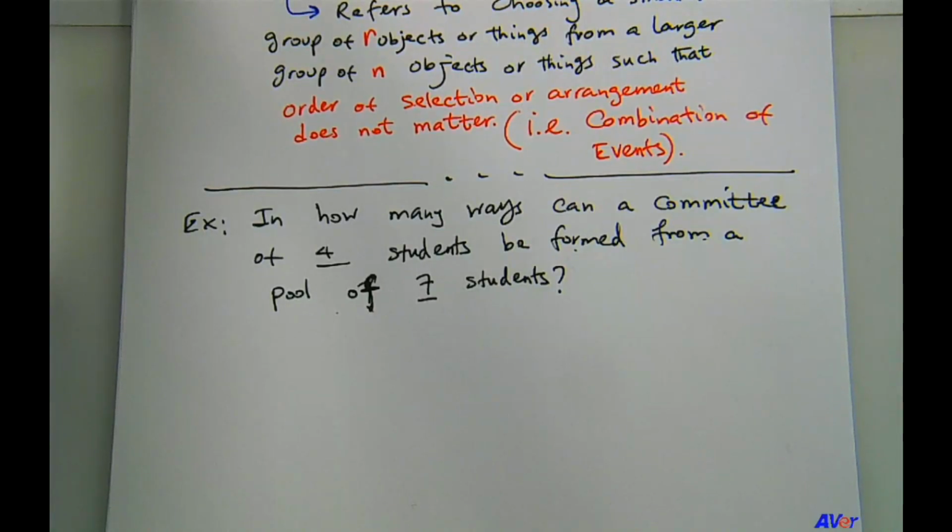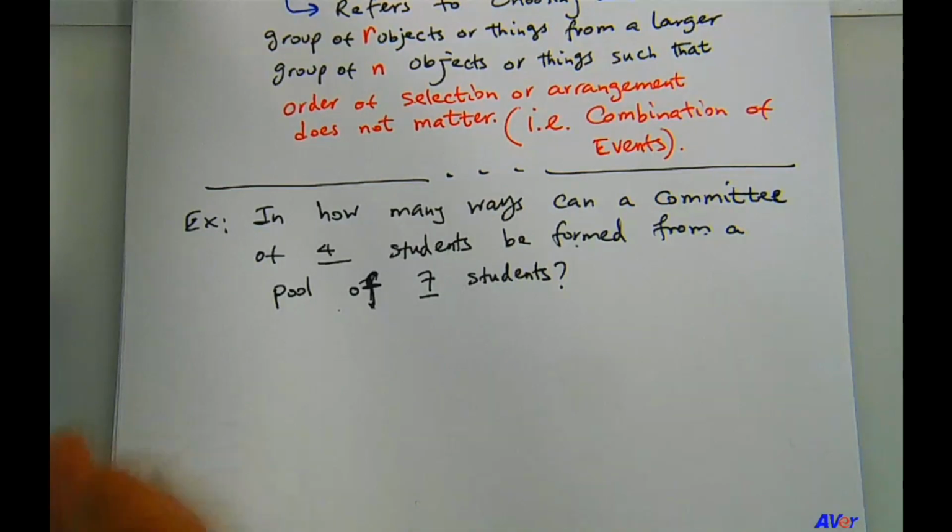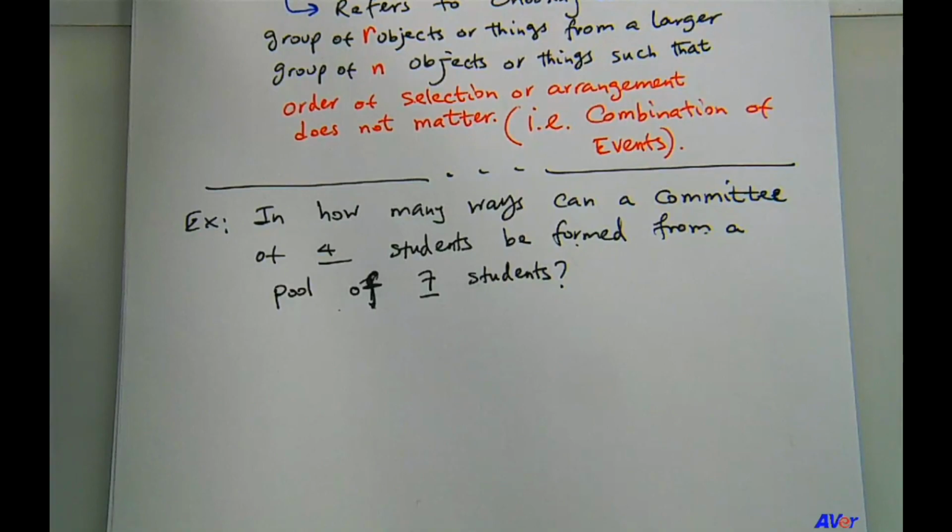For example, a committee might be comprised of a president, a vice president, a treasurer, and a secretary. Then in that case, if we are given clues that there is some kind of ranking involved in the membership of the committee members, then yes, order matters. But here, the problem is not telling us whether order matters or not.